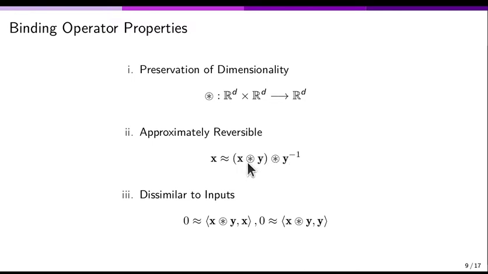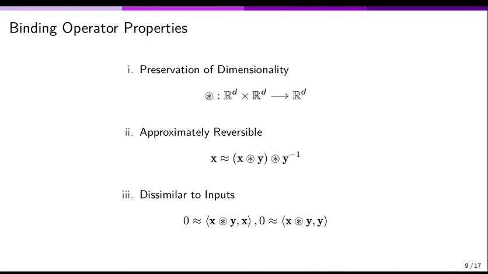If I bind x with y, and I bind that with some inverse, or perhaps there's an inverse binding, whichever way we want to write that, then I want to get back approximately my original thing. That's because when I bind vectors together, I want to be able to extract them back out again.